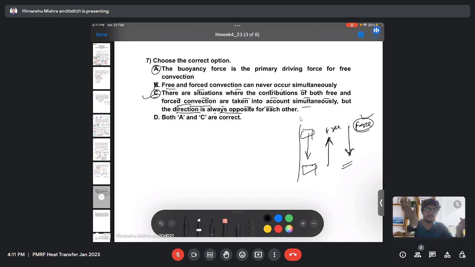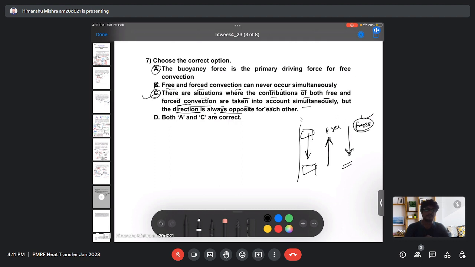So there is no predefined direction for the forced because we are just forcefully supplying the air current or the fluid current to the system, and based on the interaction of the fluid current with the solid surface or with some other fluid parcel, there will be a heat convection.